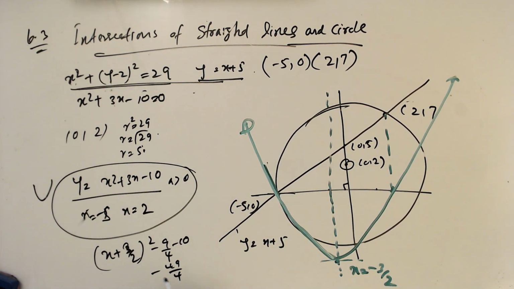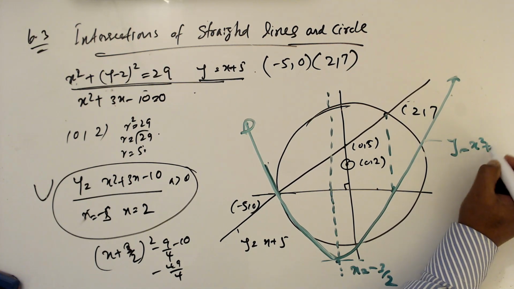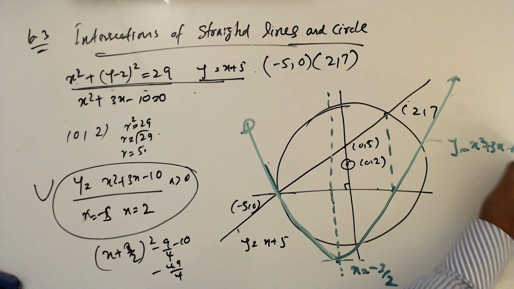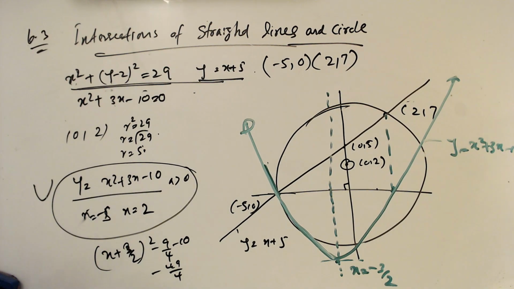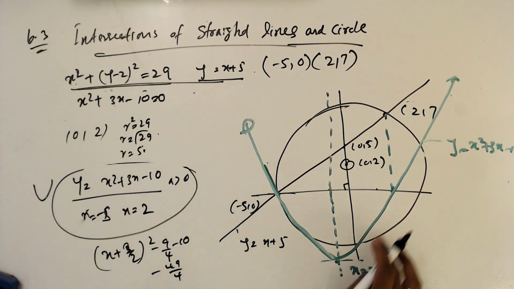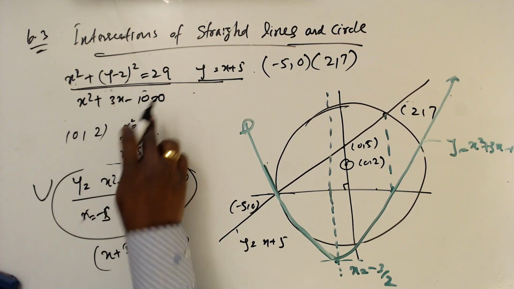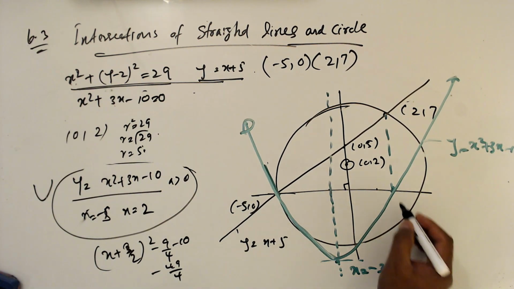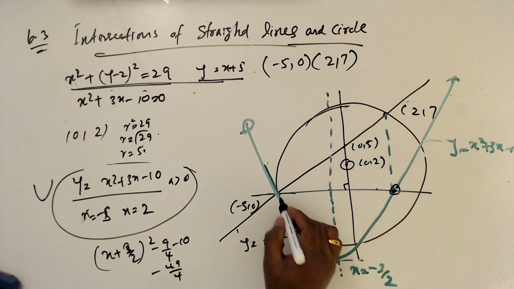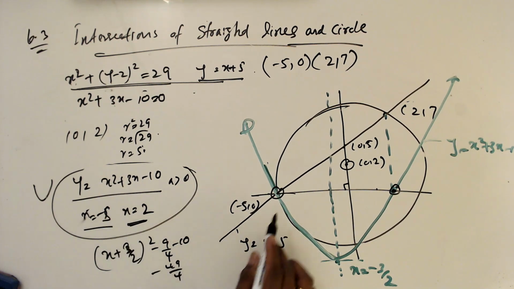So this is the graph. This is y equal x square plus 3x minus 10. So now, just to show you that, this is the graph of x square plus 3x minus 10, and it has two roots for this graph, x equal minus 5 and x equal 2.